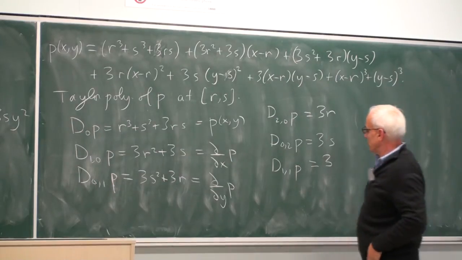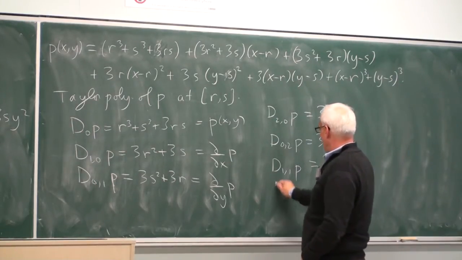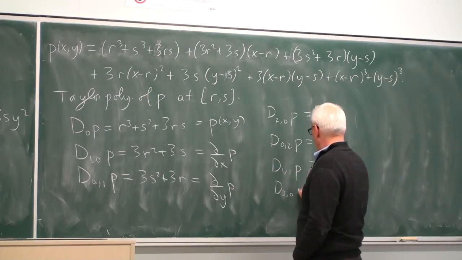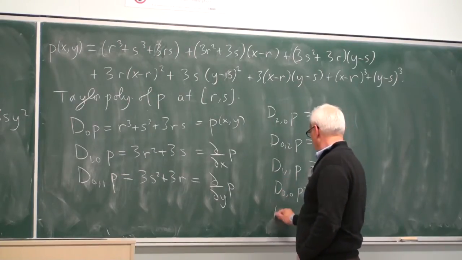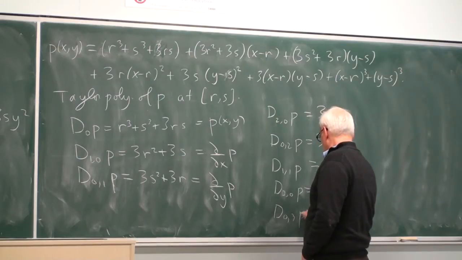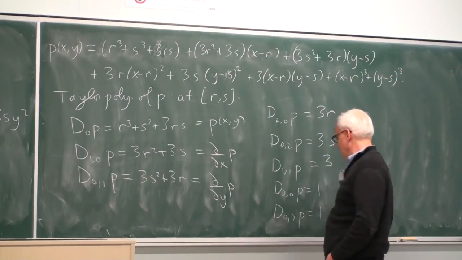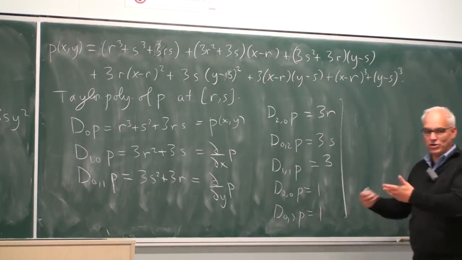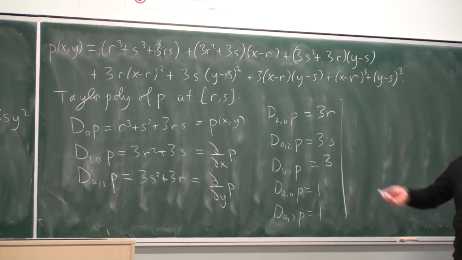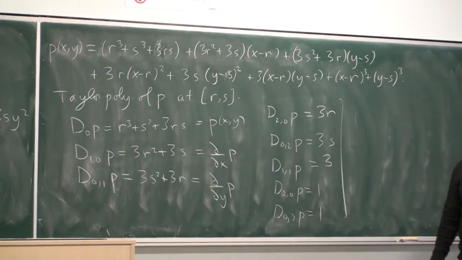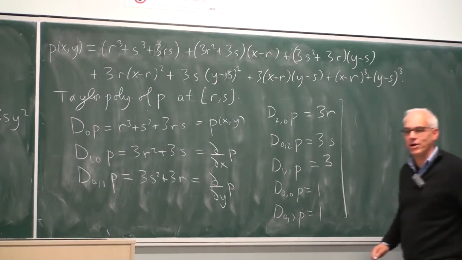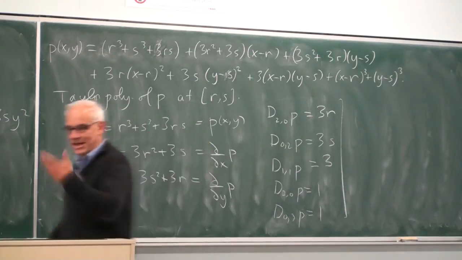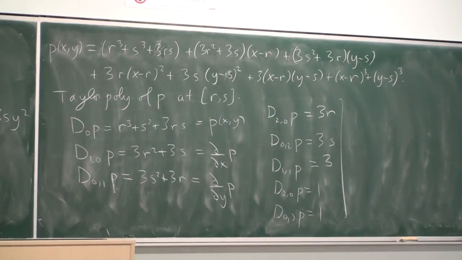And then the coefficients there would be d3,0 of p would be 1, I suppose, and d0,3 of p would be 1. So, these are sort of analogs of partial derivatives, but we can see that we can get them just algebraically without any notions of partial differentiation necessary. We're just doing the same kind of thing that we did in one variable.